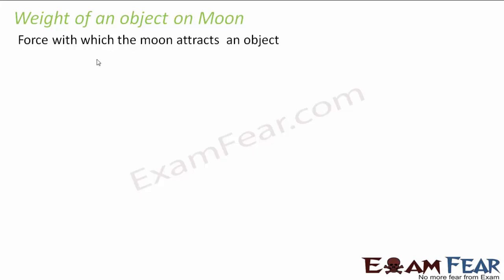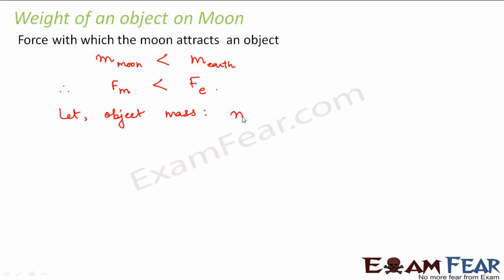Now we know that mass of moon is less than mass of the earth, right? Therefore, force exerted by moon will be less than the force exerted by the earth, right? Now let us suppose that the object has a mass of small m. Okay.